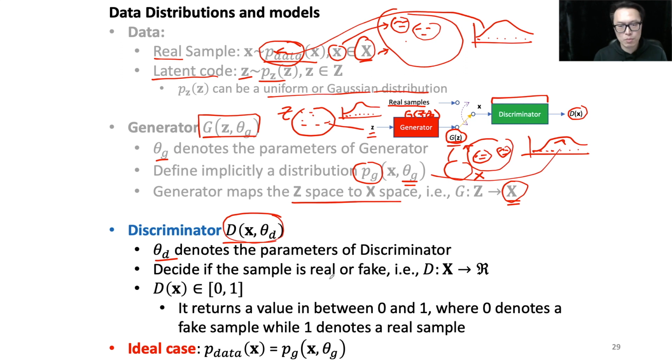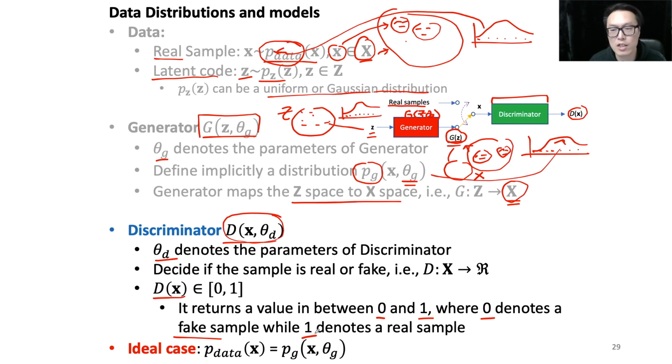We use the discriminator to tell whether the input is real or not, that is, whether this x is from the real sample or from the generator, using the output D(x), which gives a value between 0 and 1. 0 denotes a fake sample, so a value closer to 0 is more fake, and closer to 1 is more real.